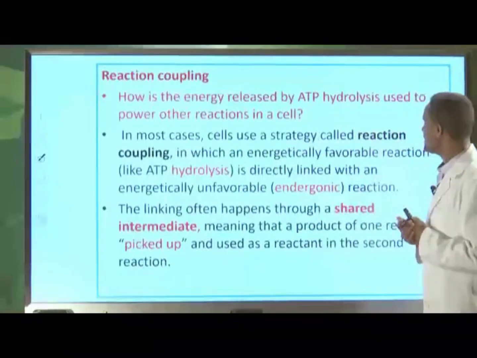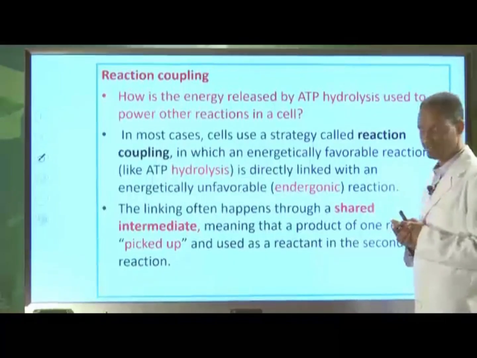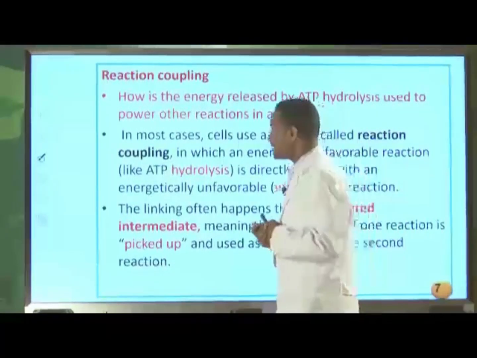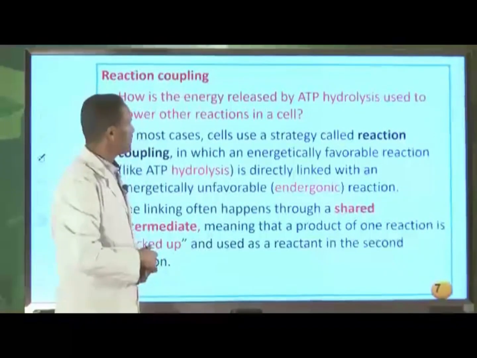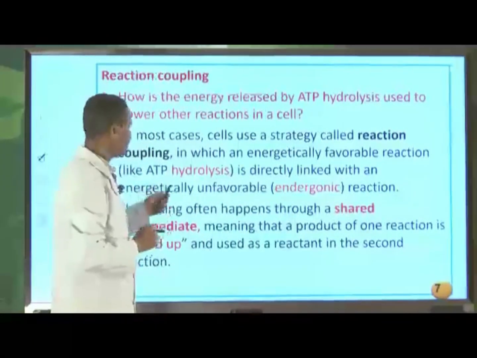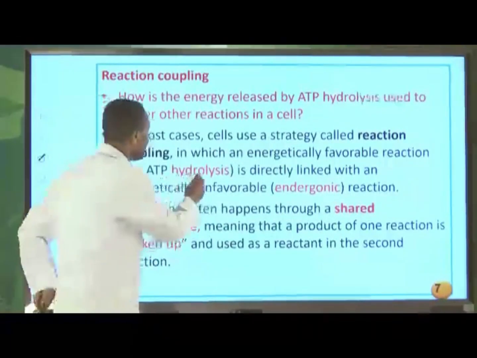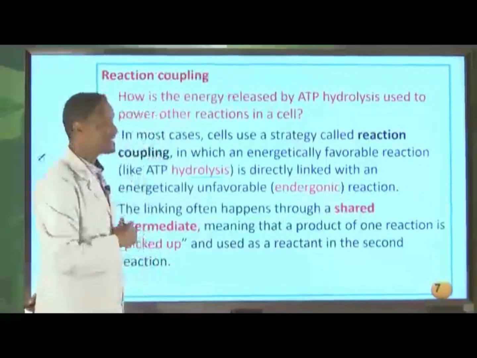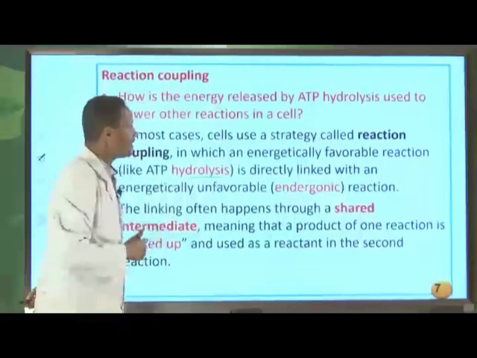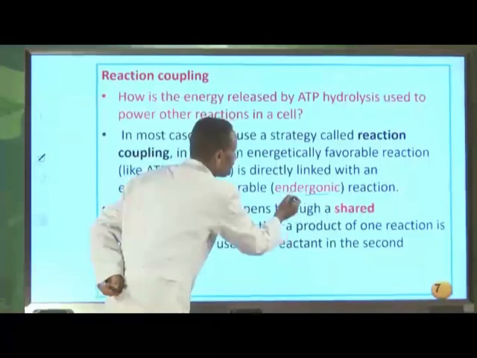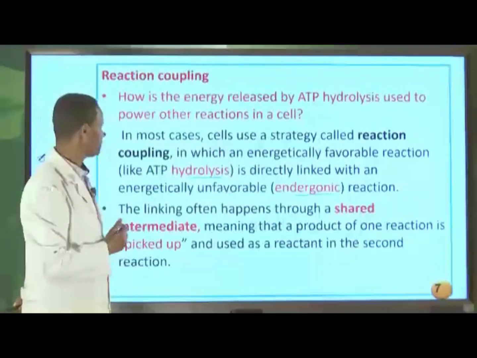How is energy released by ATP hydrolysis used to power other reactions in a cell? Here, in most cases, cells use a strategy called reaction coupling, in which an energetically favorable reaction like ATP hydrolysis is directly linked with an energetically unfavorable reaction, which is an endergonic process, which needs energy for the reaction process.